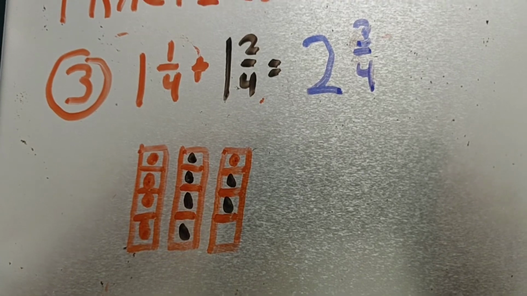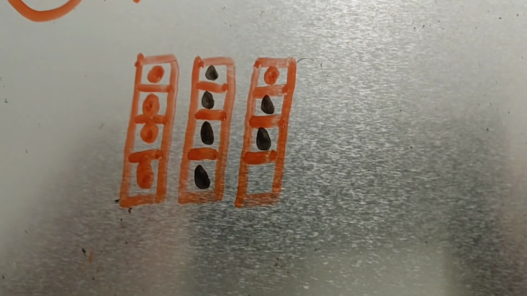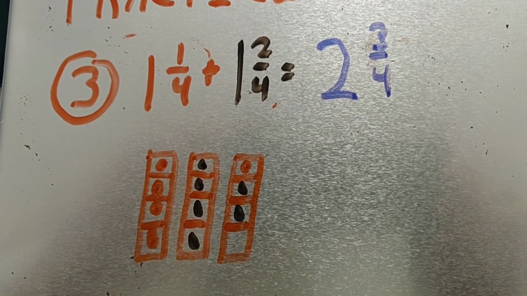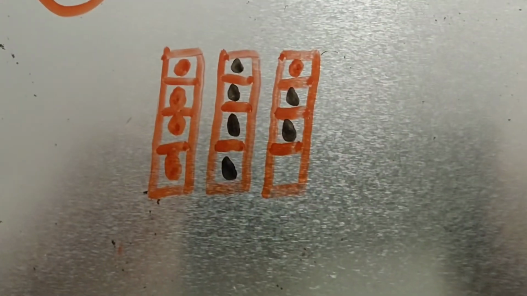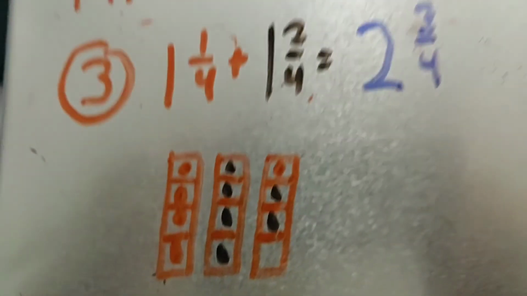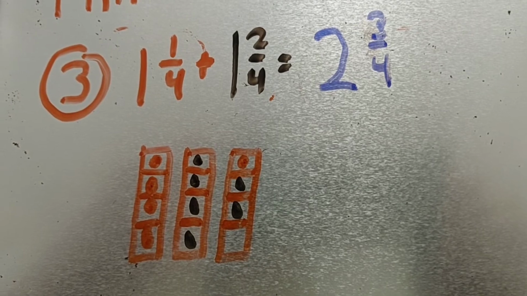So practice problem number 3 was 1 and 1/4 plus 1 and 2/4. Notice in the model that we took the 2 wholes, the whole from 1 and 1/4 and the whole from 1 and 2/4, and our first 2 models represent those 2 wholes. So we have the whole on the left from 1 and 1/4, then the whole in the middle from 1 and 2/4.